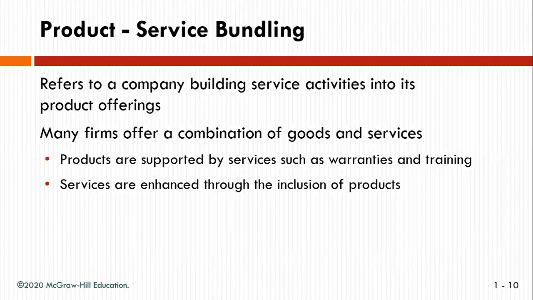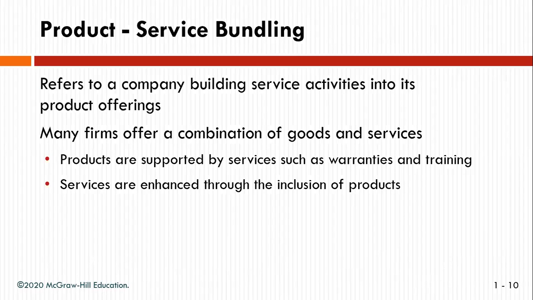Now, if we want to talk about product service bundling, as we said, it refers to a company building service activity into its product offering. And you'll probably find a lot of products that provide service.